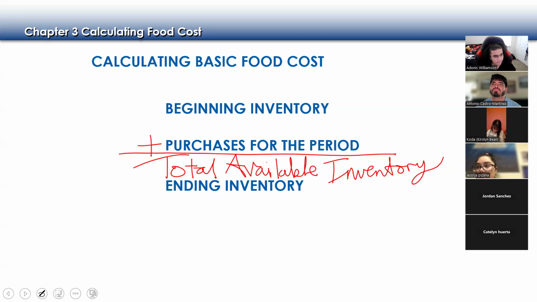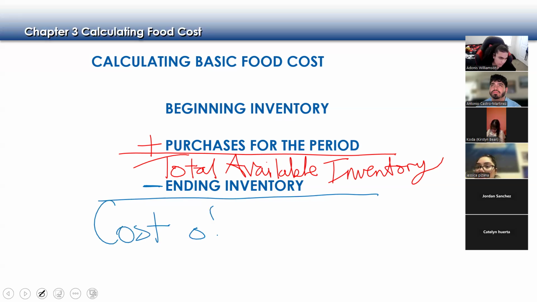Okay. And then we have ending inventory. We go in and we do inventory one more time. We calculate it. Is it part of our food cost if it's still in our inventory? Not yet. So we're going to subtract that ending inventory, and that gives us our cost of goods sold.